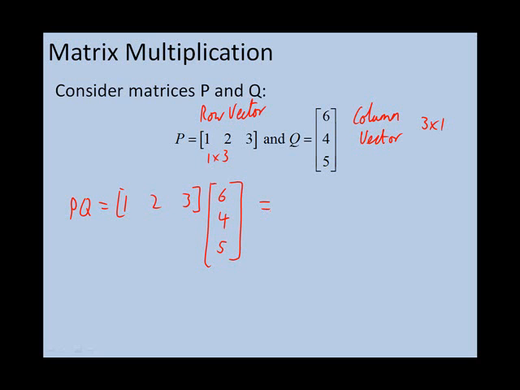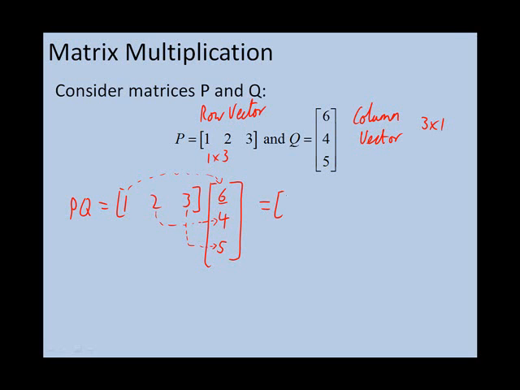Element 1 of matrix P will be multiplied with element 1 of matrix Q. Element 2 of matrix P will be multiplied by element 2 of matrix Q. And finally, element 3 of matrix P will be multiplied by element 3 of matrix Q. And we add up these products.